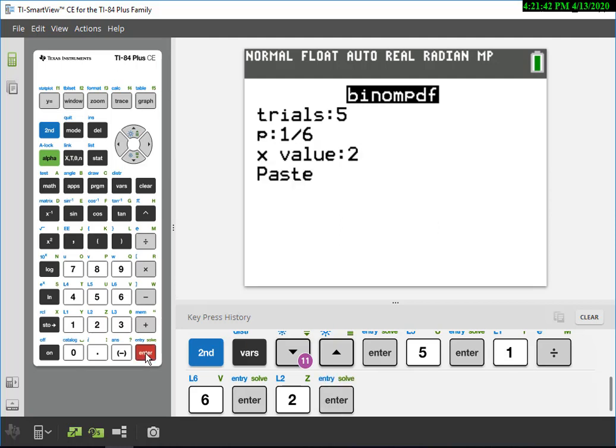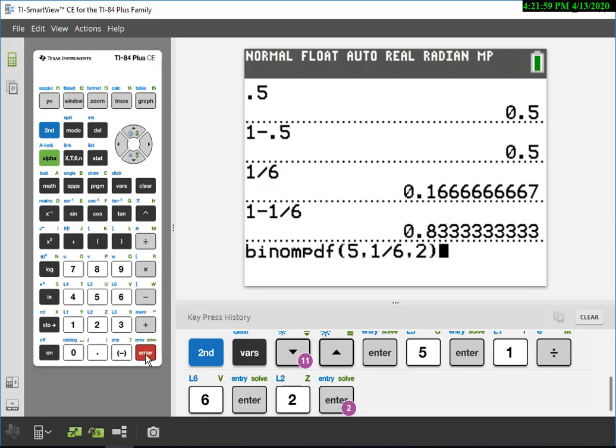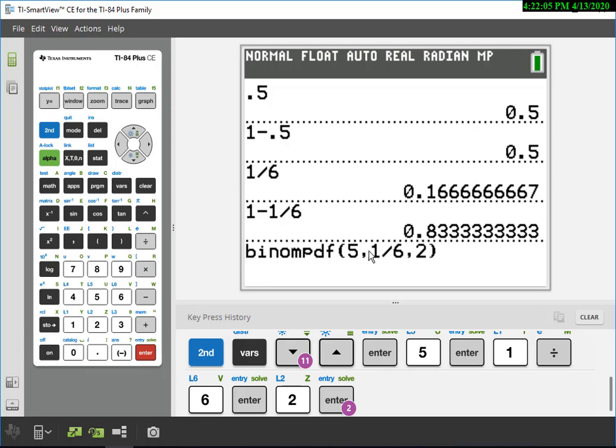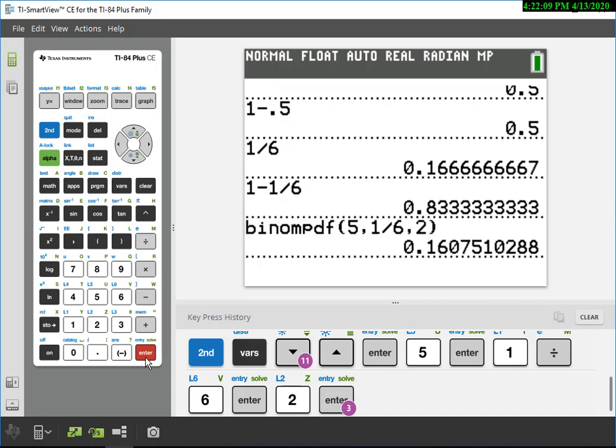For those that have an older calculator, most likely it's going to give you binomial PDF and then some parentheses. So you just put it in order as N, comma, P, comma, X, close parentheses. So it looks like this: binomial PDF 5, comma, 1/6, comma, 2, and then we just hit enter.